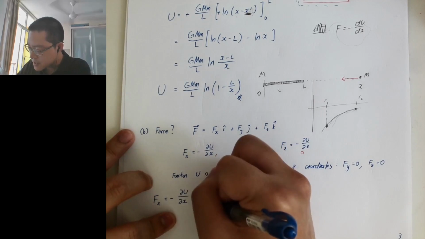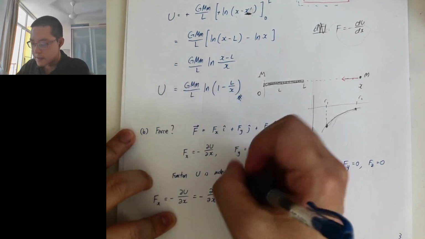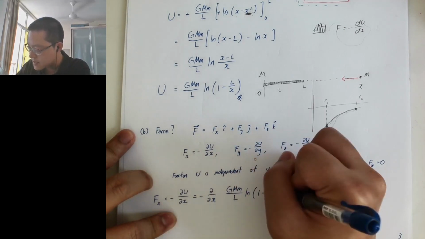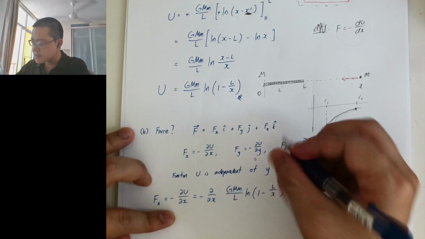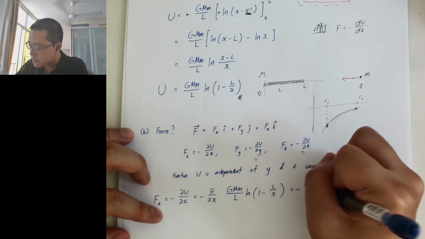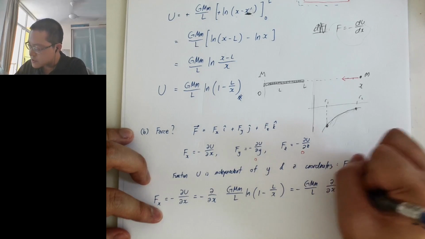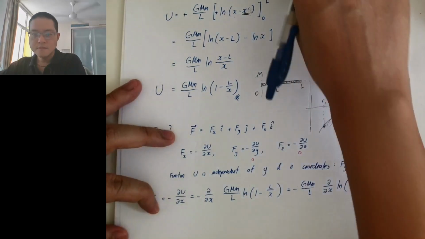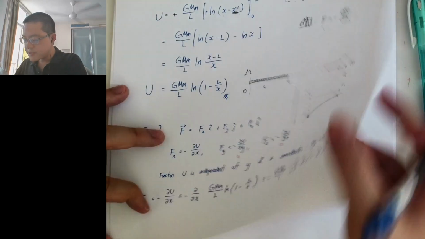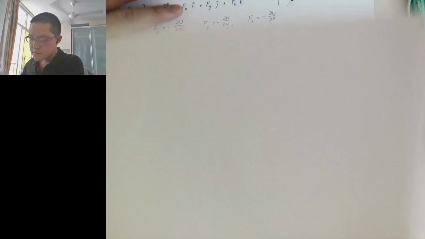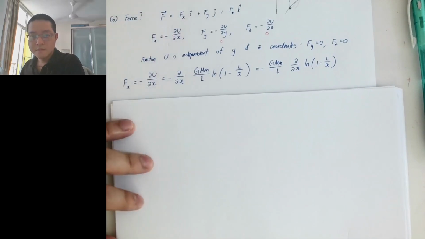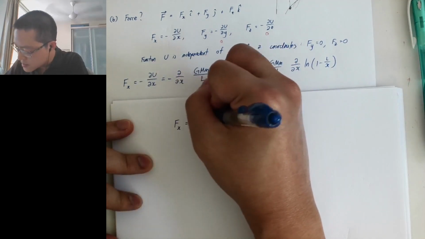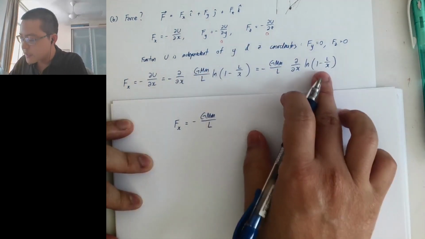So I'm just differentiating this function, and in this function, everything is a constant except x. So actually it's easy to differentiate. So I got GMm over L, and I just need to differentiate a logarithm. All these are constants, so I can put them in front, and then differentiate ln.